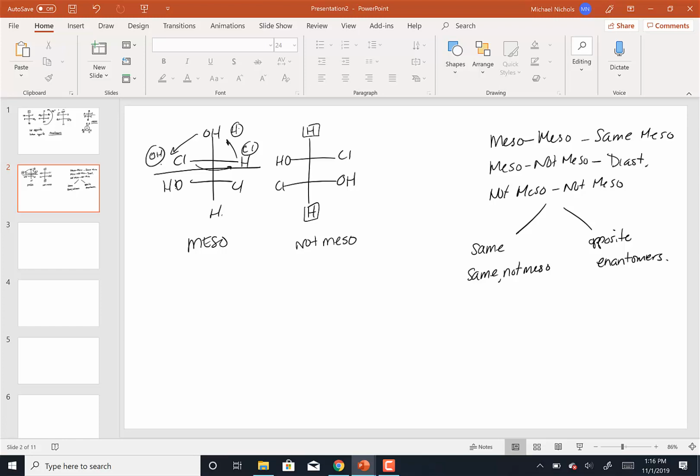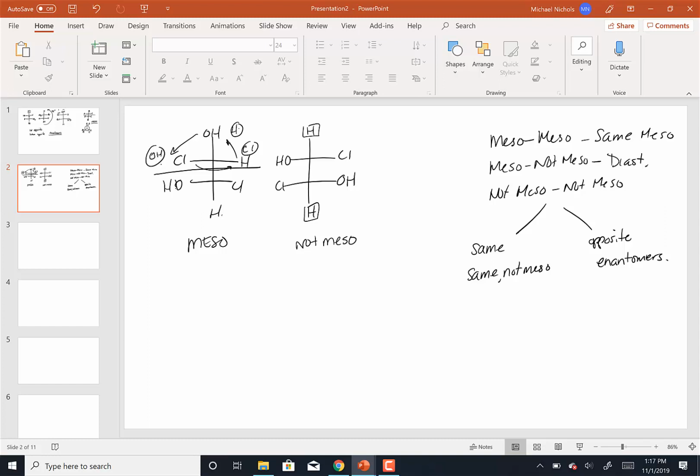So for molecules that have the possibility of being meso, you have to do it this way. In this case, R and S will not necessarily work. If you had an R and an R, and another R and an R, that doesn't differentiate between are they the same meso or same not meso. So you'd have to do more with the R and the S. It's just easier to go through it this way.